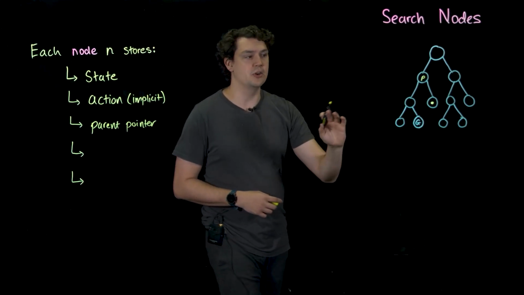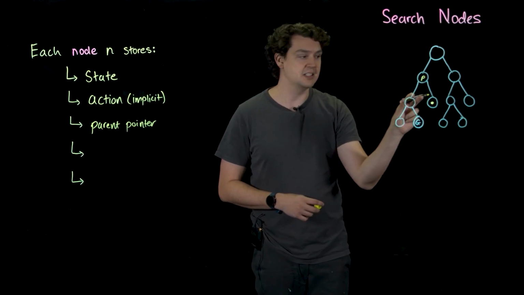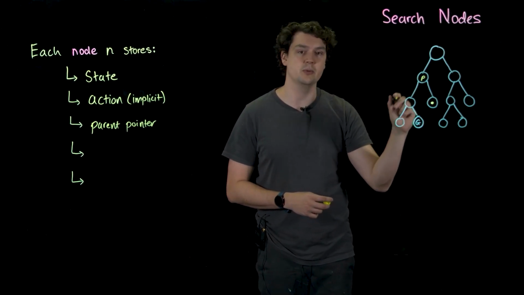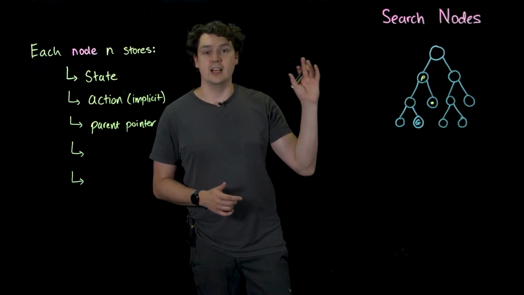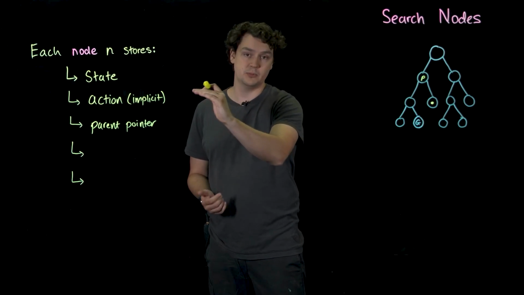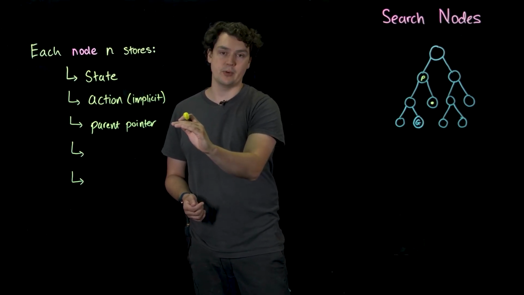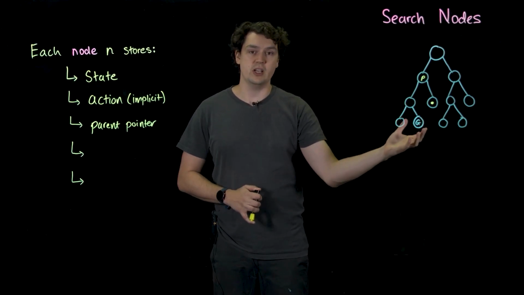We often describe nodes as a parent, and then the nodes that it generates as its children. So this parent P would have 2 children. Okay, and so now we know where we are, what action led us to this location, and where we came from. This information provides us context of where we are in the tree.